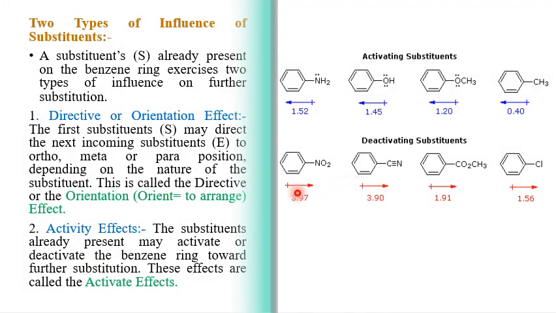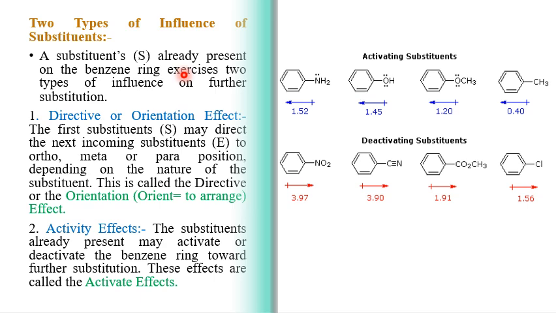Next, for the substitution, there are two types of influences occurring. The substituent which is already present on the benzene ring exercises two types of influences on further substitution: the directive effect, also called the orientation effect, and the activity effect.